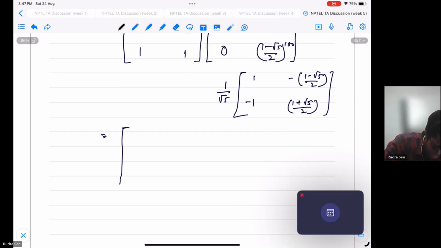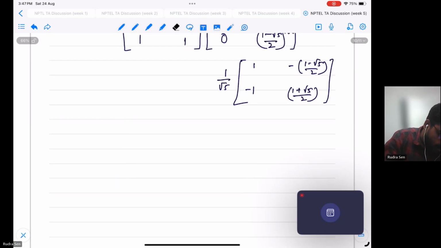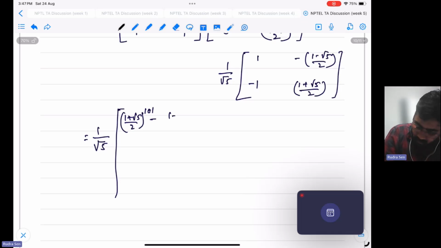So if we do the multiplication, ultimately what do we get? We get a very big matrix. We get 1 by root 5, which is a scalar term, so we can put it outside. And what we get is ((1 plus root 5)/2) to the power 100, ((1 minus root 5)/2) to the power 101.